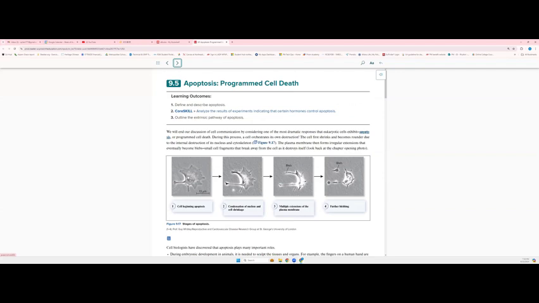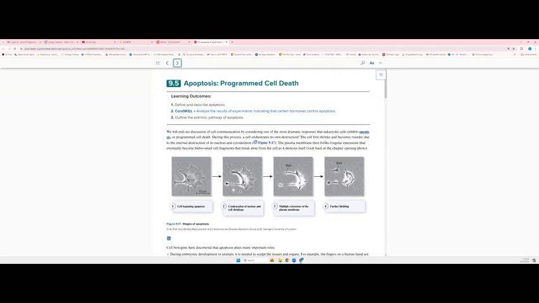Apoptosis is one of the most dramatic responses in cell communication. Apoptosis, which is cell death, is actually one type of cell communication. We can say it's programmed cell death.